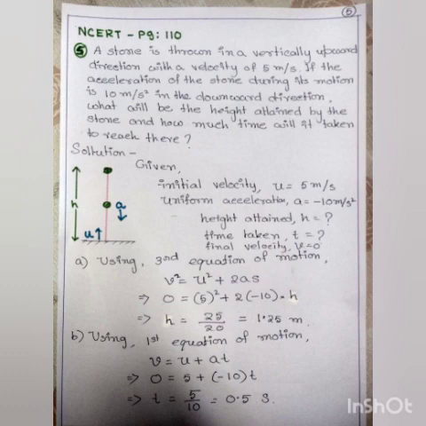A stone is thrown in a vertically upward direction with a velocity of 5 meter per second. If the acceleration of the stone during its motion is 10 meter per second square in the downward direction, what will be the height attained by the stone and how much time will it take to reach there?